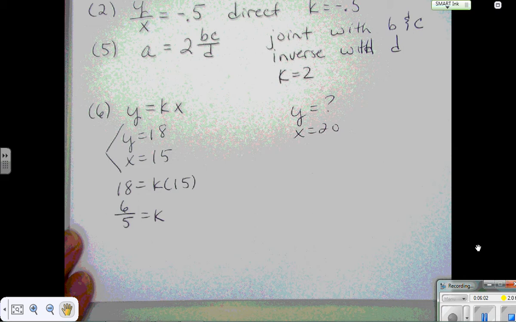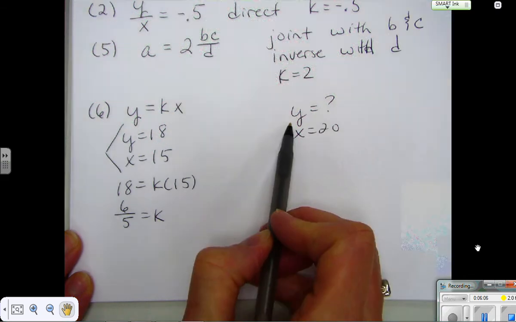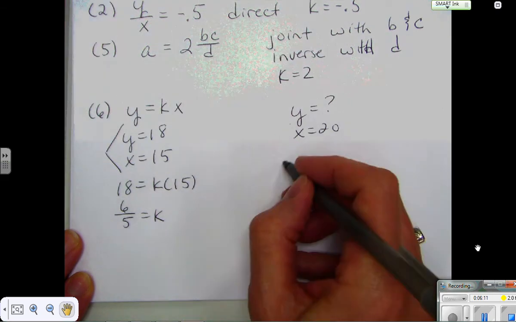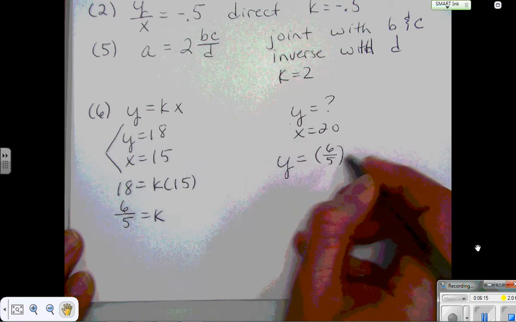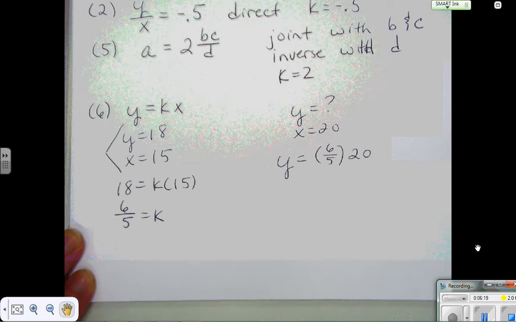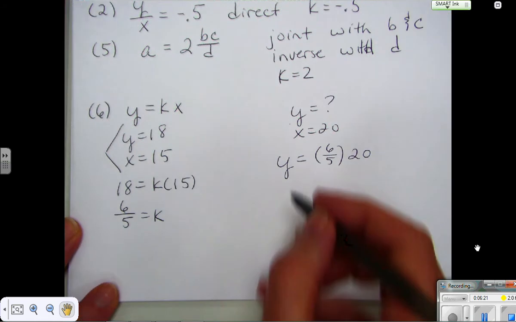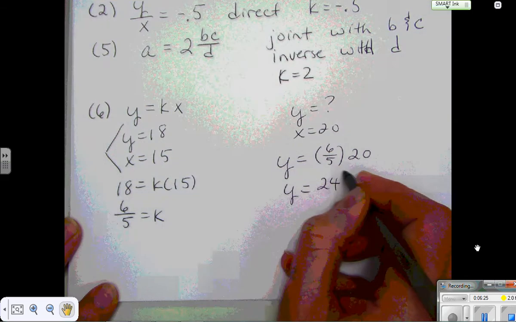So now I'm going to use that constant value to help me find this unknown value of Y. Okay, so it's still a direct variation, so Y equals the constant times X. And so we're just going to solve that for Y, and Y is going to be 24.